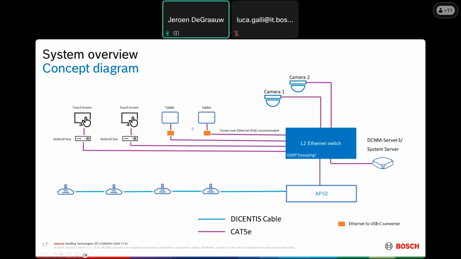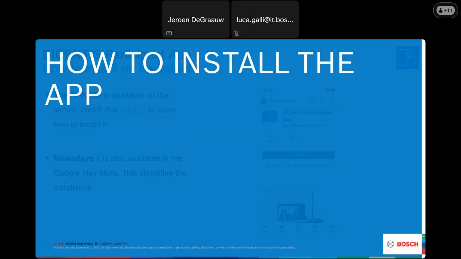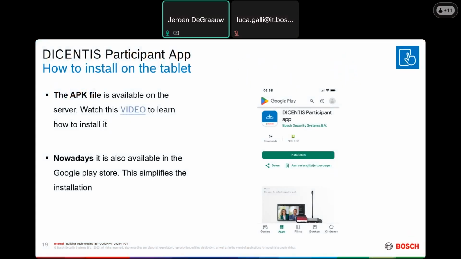So let's look at how to install the app. Currently, like Luca already mentioned, it's Android only, and there are actually two ways of installing the app. On a standard DICENTIS installation, once you install the software, a so-called APK file will be available, and this file can be downloaded on your tablet and installed.